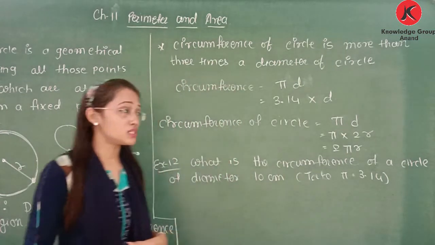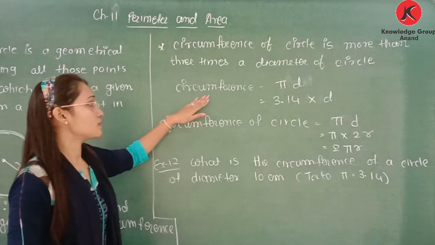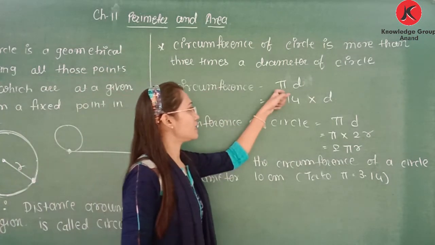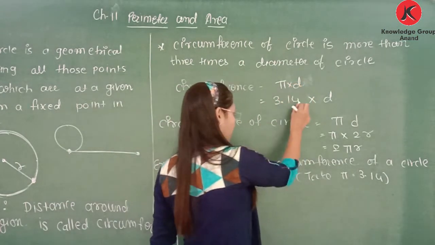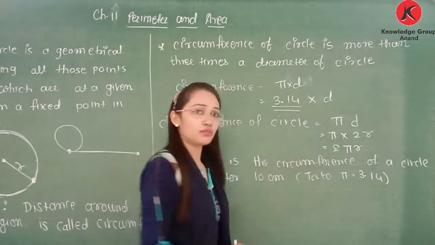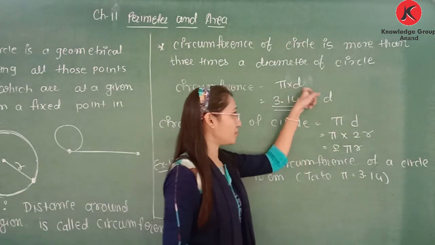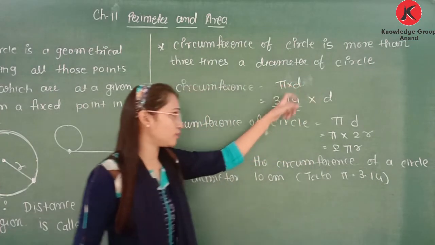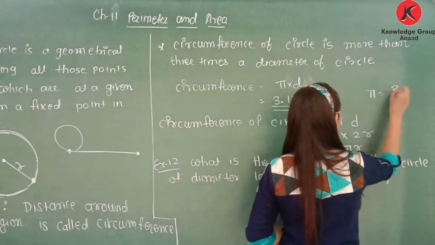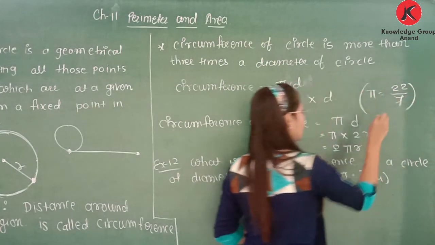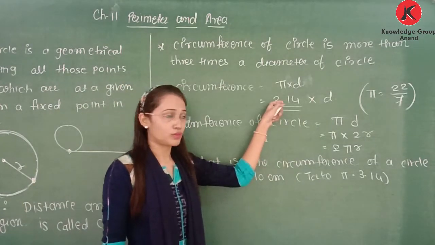So the circumference of a circle, as an equation, we can consider as pi multiplied by d. Pi is 3.14. It is more than 3 times the diameter, so that's why the equation is pi multiplied by d. The value of pi you can take as 3.14 or 22 by 7. Both will give nearly the same value.